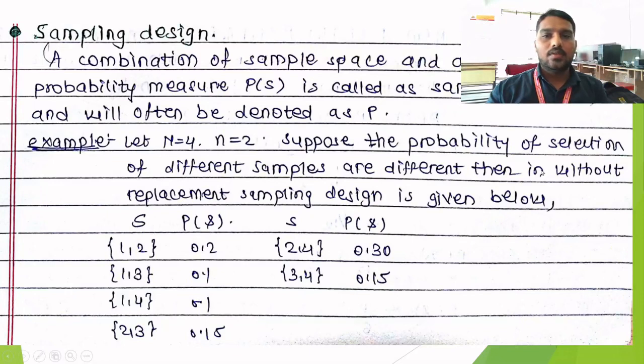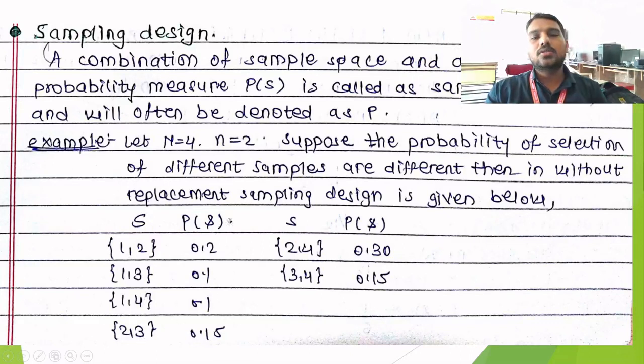Then the without replacement sampling design is given as follows. All possible samples without replacement are (1,2), (1,3), (1,4), (2,3), (2,4), (3,4).